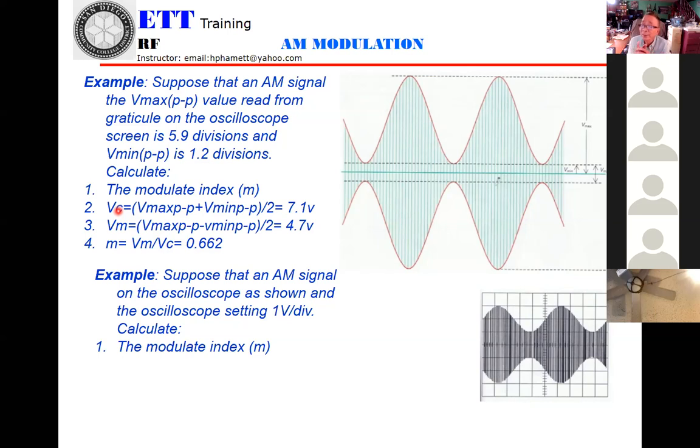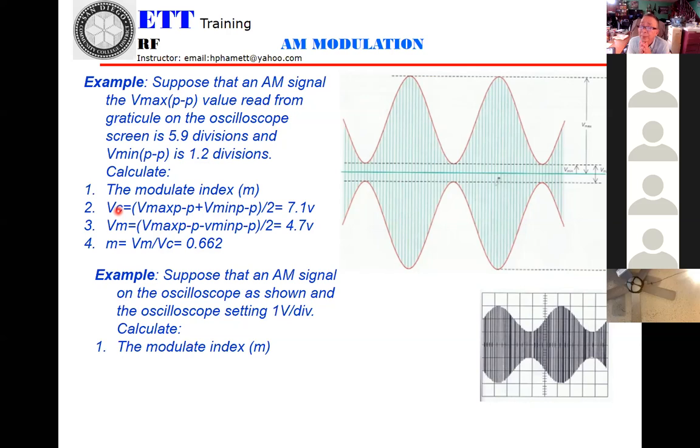You already get the formula V max plus V minimum divided by 2. In the previous equation that you show, you didn't have the division by 2. You only write V max plus V minus, all of that divided by V max plus V minus, but you don't have the divided by 2.